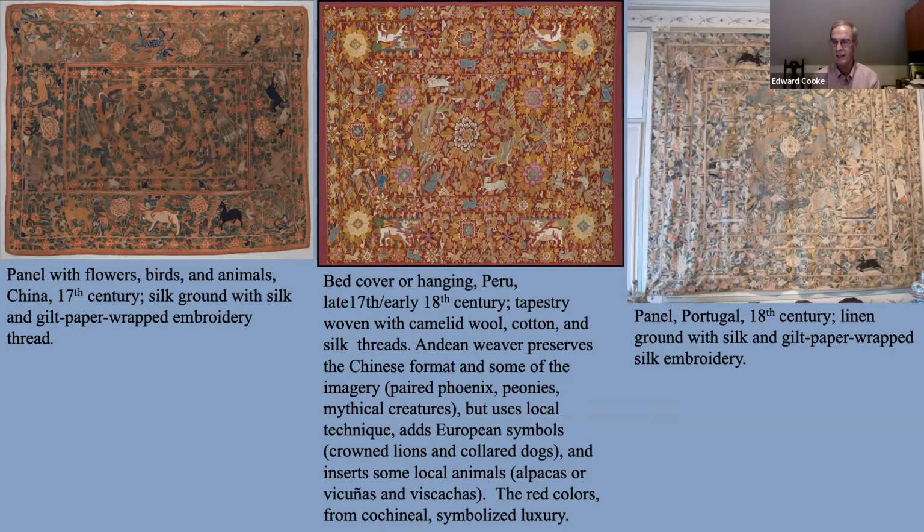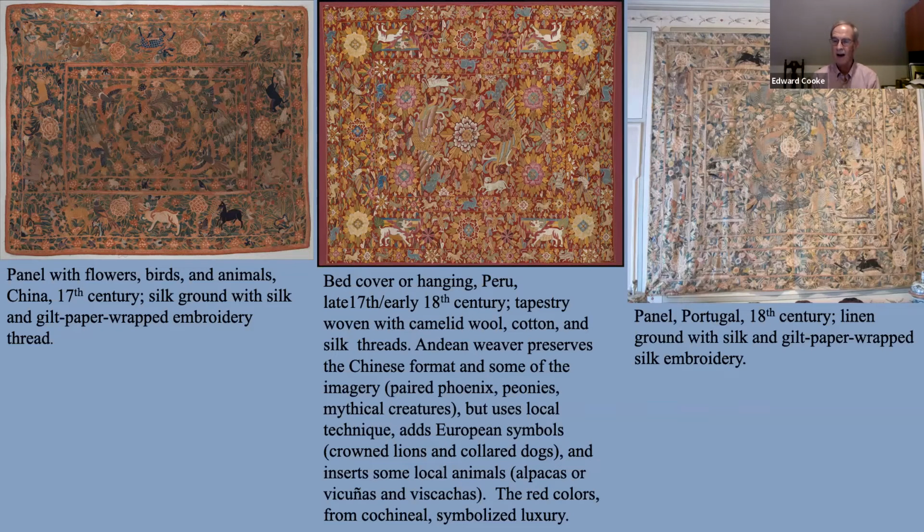And you start to see this kind of connection of that same Chinese embroidery affecting Portuguese embroidery. And in this case, instead of having a silk ground, it's a linen ground. So it's a local European material that has silk embroidery on top, but the same kind of imagery is carrying through all 3 different locations.